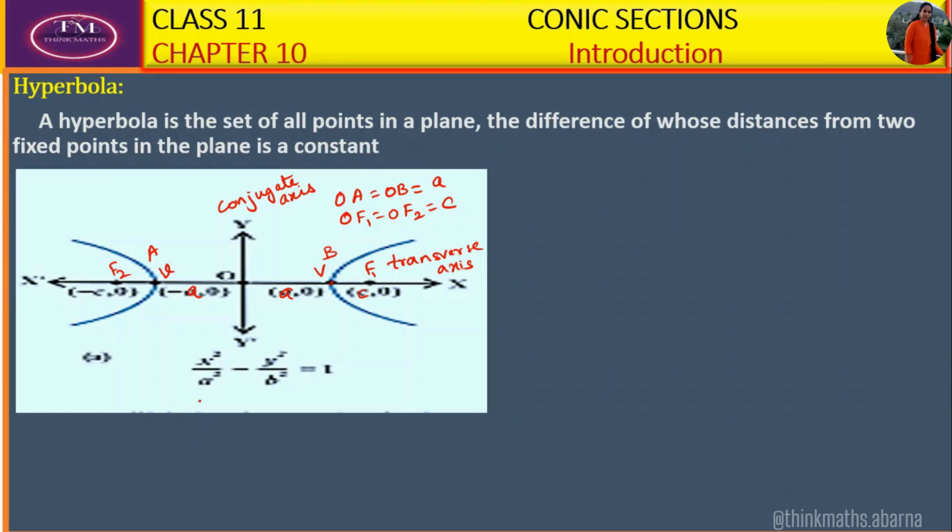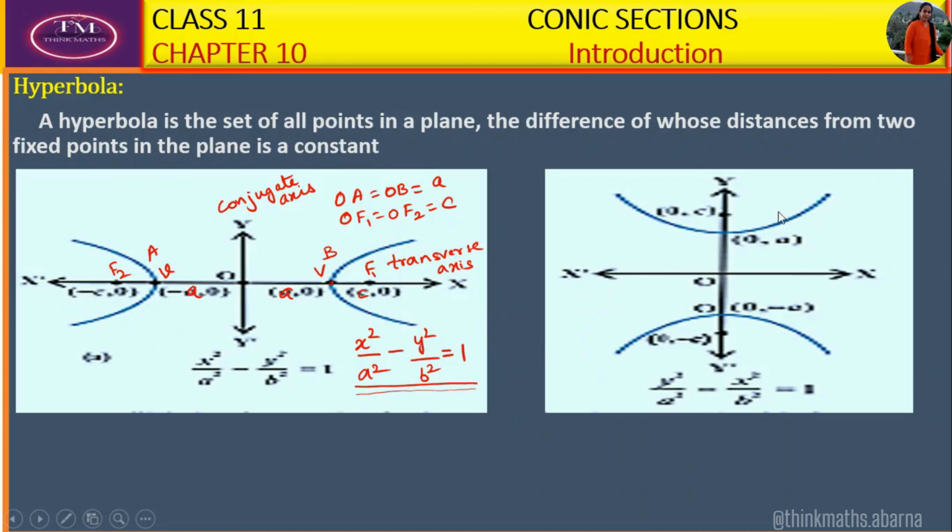Then the equation of the hyperbola is x square by a square minus y square by b square equal to 1. This is the equation of the hyperbola where the mouth is open on the x-axis. Now suppose the mouth is open on the y-axis. This is the vertex, we can name it A, which is at 0 comma a.